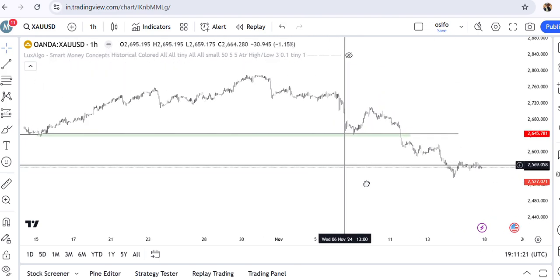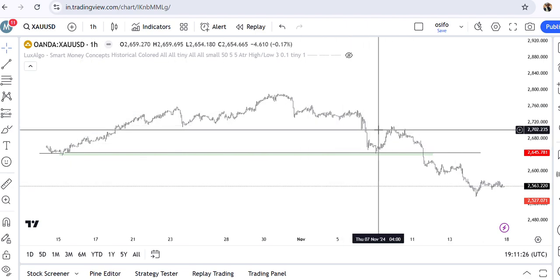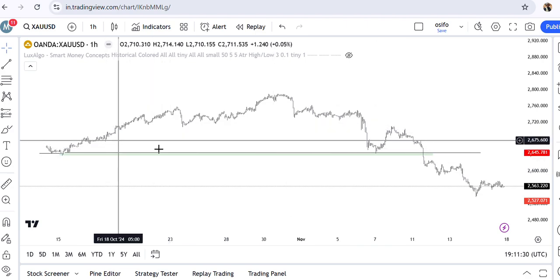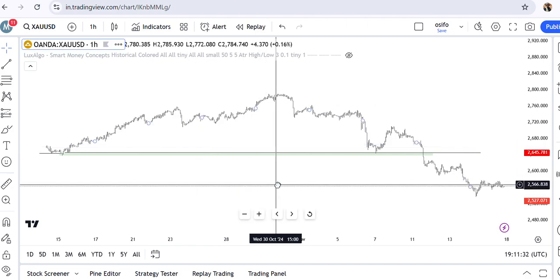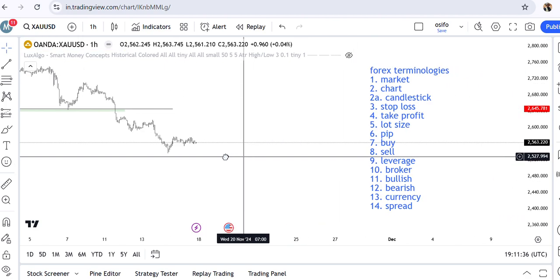So when you look at this, you can say, okay, I'm looking at the Euro USD chart, I'm looking at the dollar chart, I'm looking at the pounds chart. All of these are called charts. Don't worry, you'll get to understand how to use the chart and what the chart is saying.